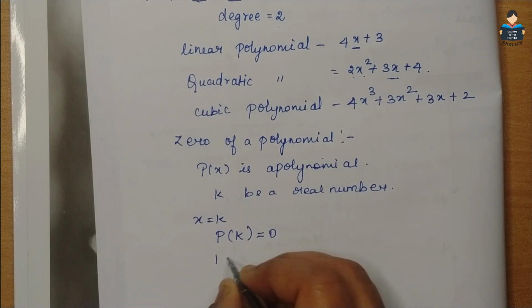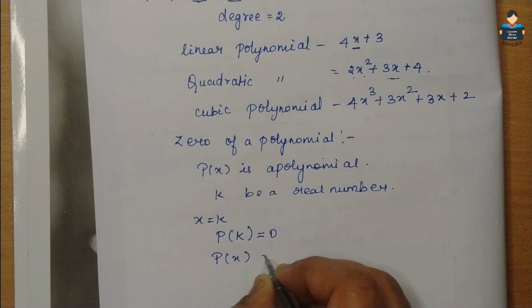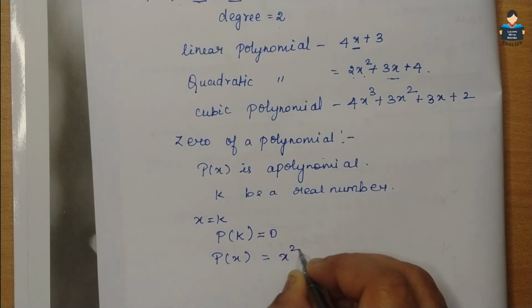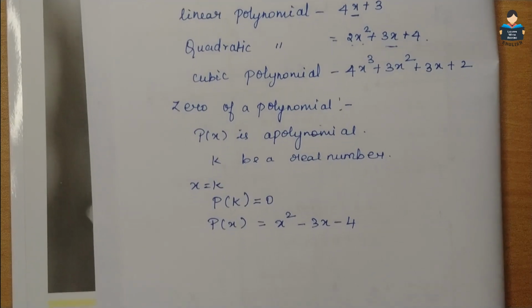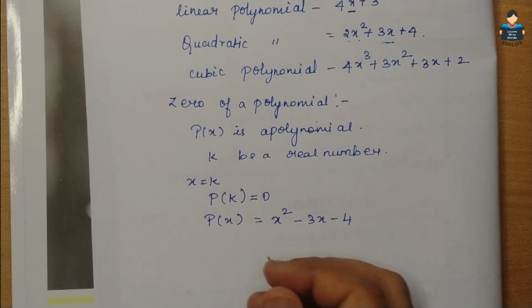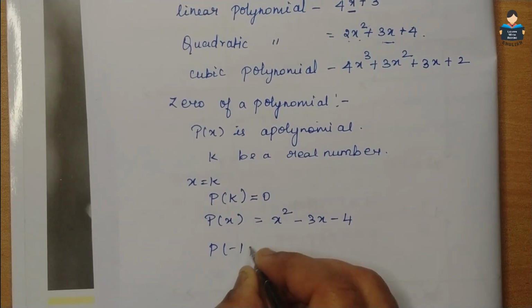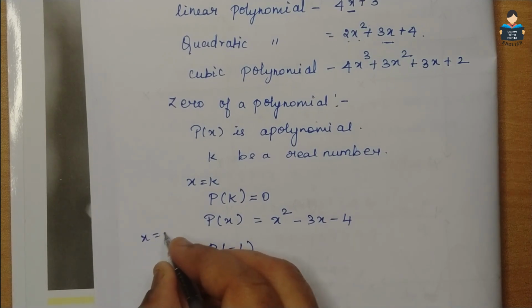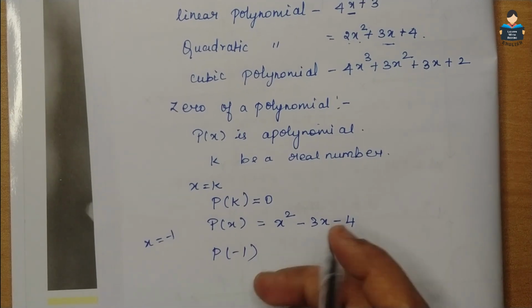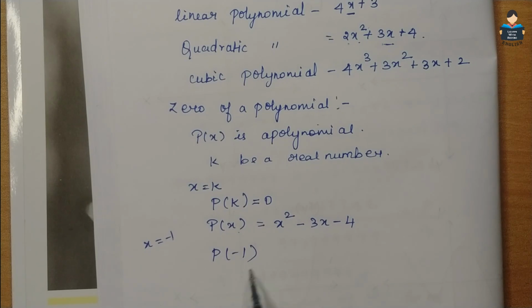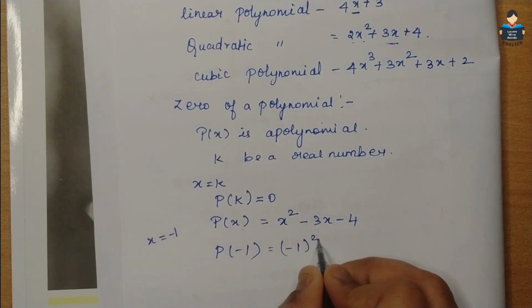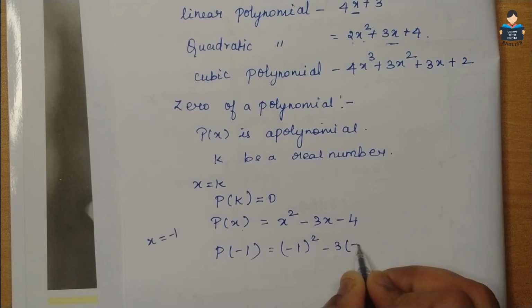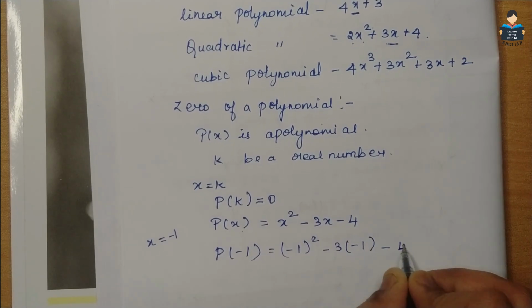I have a polynomial p of x is equal to x square minus 3x minus 4, and they have given a number p of minus 1, that is x is equal to minus 1. Now in place of x I am going to substitute minus 1, that is minus 1 the whole square minus 3 into minus 1 minus 4.